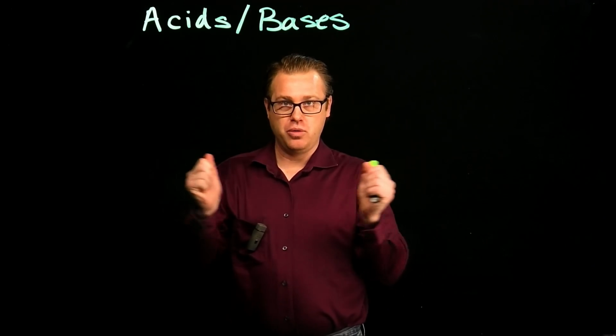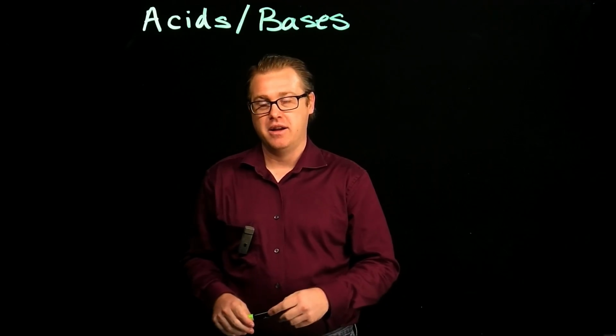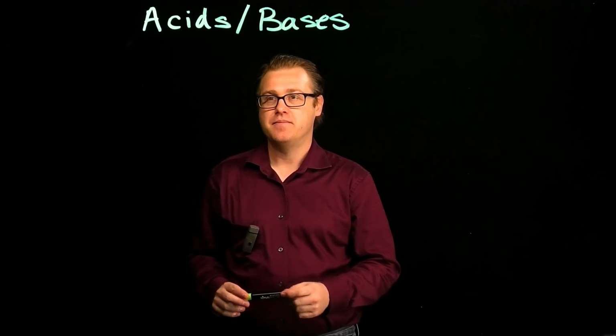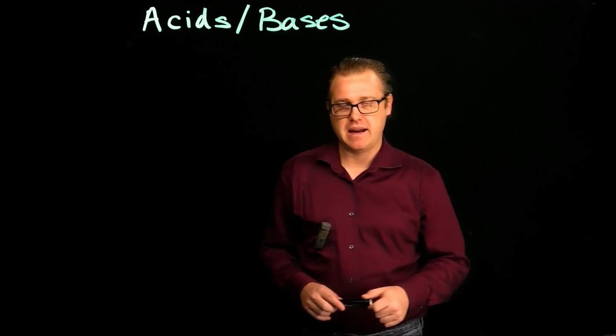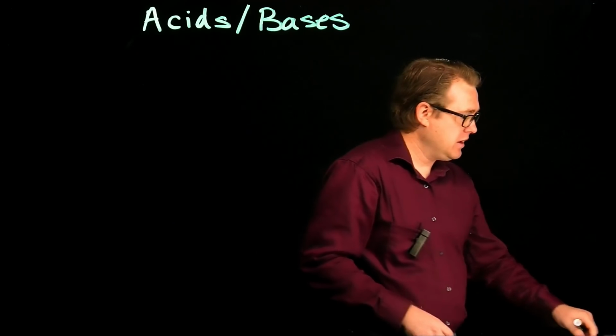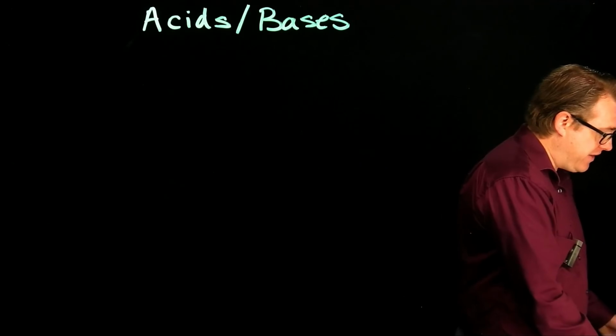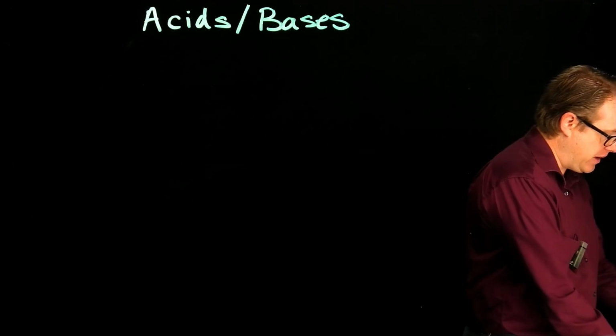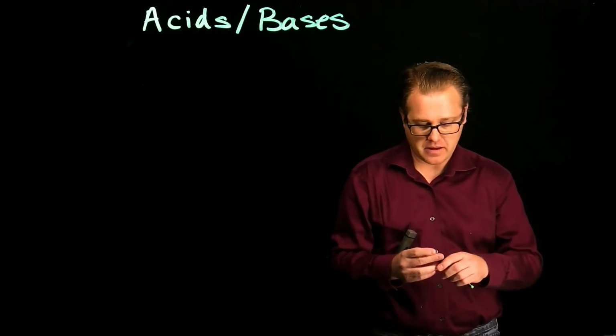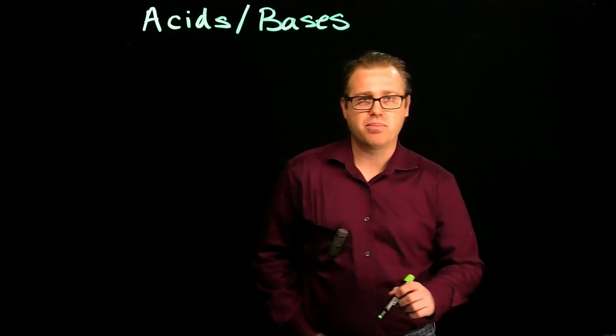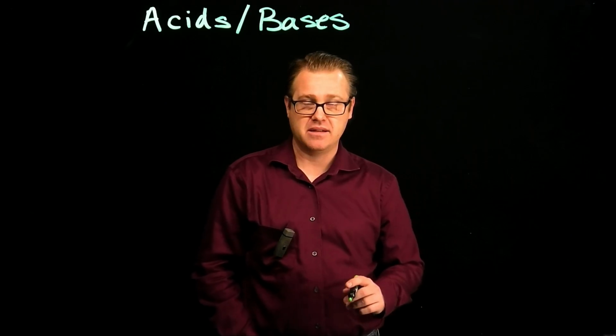And when those two combine, you generate carbon dioxide gas. And that is an acid-base reaction. And so we have some definitions that we need to understand. It's called a Bronsted-Lowry acid base.